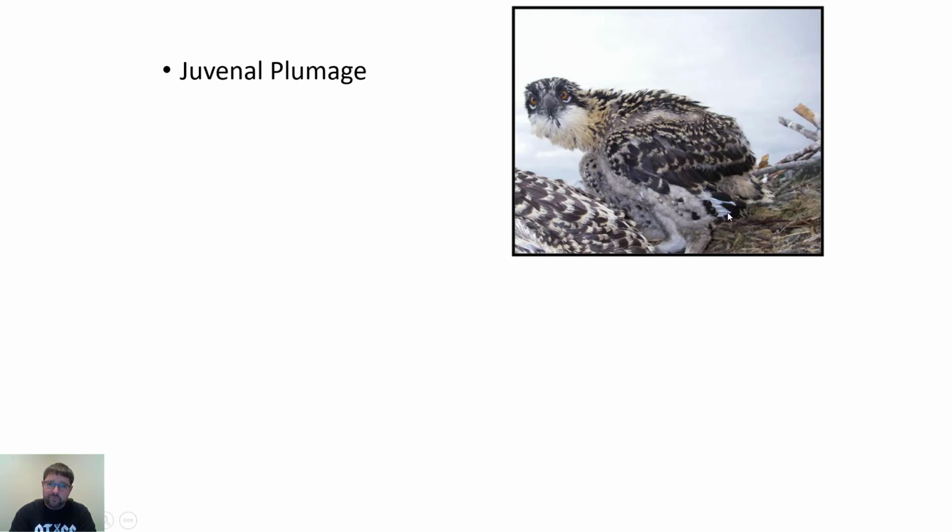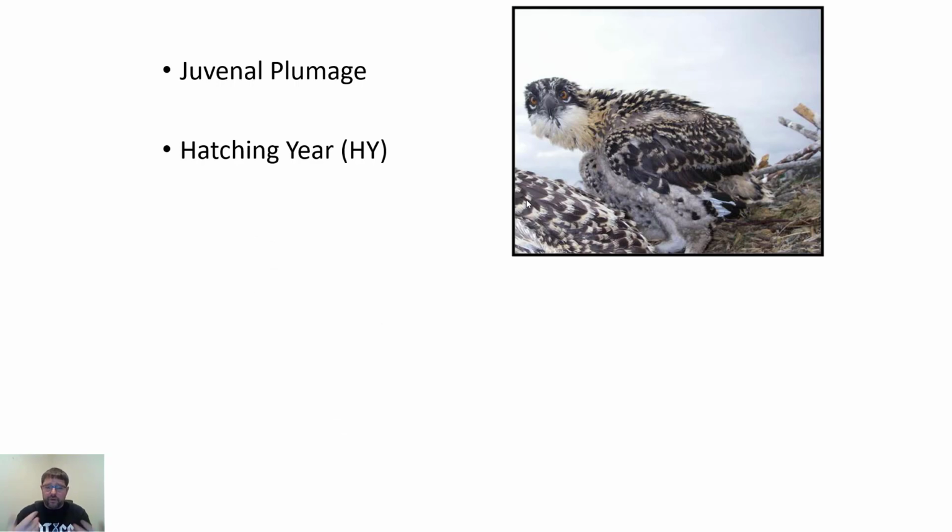You can see that bluish white material there. That's the sheath that goes over the feather. That organism has not developed its primaries. So that would indicate that this is a juvenile and the bird can't actually fly, or if it can fly, it doesn't fly very well.